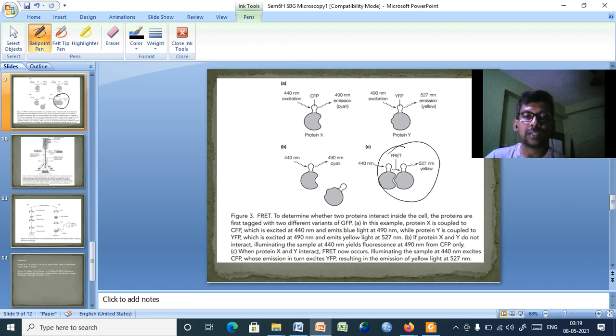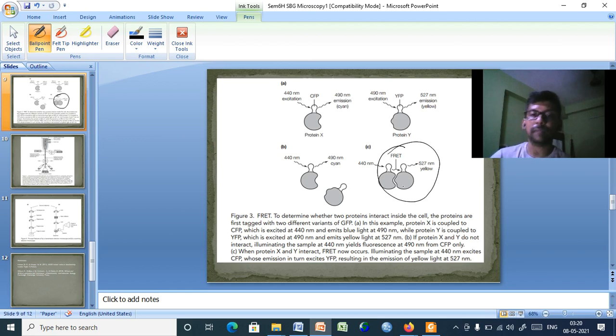When protein X and Y interact with each other, FRET, or fluorescence resonance energy transfer, occurs. Illuminating the sample at 440 nanometer excites the CFP, whose emission in turn excites the yellow fluorescent protein, resulting in the emission of yellow light at 527.